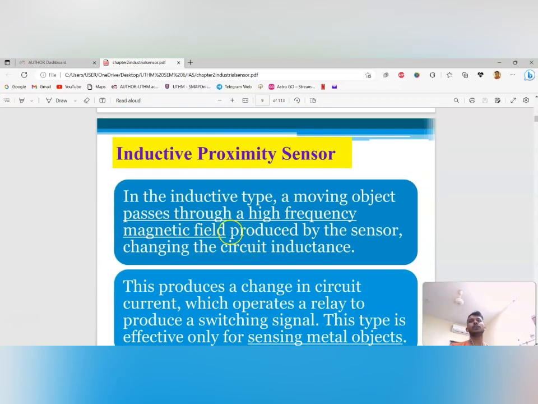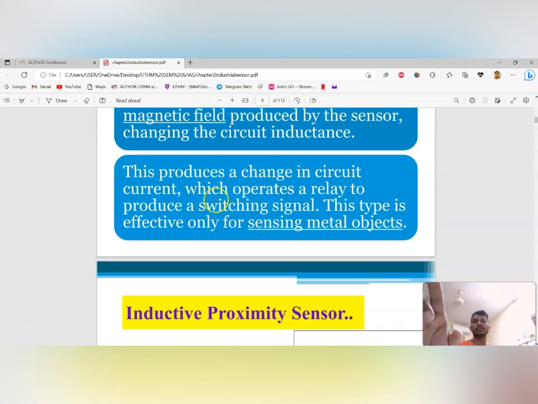For the inductive proximity sensor, the moving object that passes through the high frequency magnetic field produced by the sensor will change the circuit inductance, and so the circuit current, which operates a relay to produce a switching signal. That gives the type for sensing metal objects.